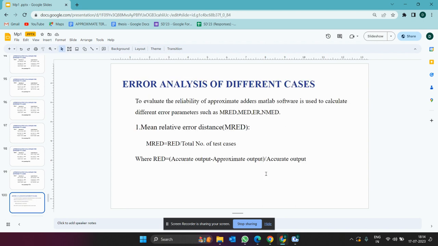For the error analysis, we have considered MRED, MED and NMED parameters, where MRED stands for mean relative error distance, that is, relative error distance by the total number of cases.